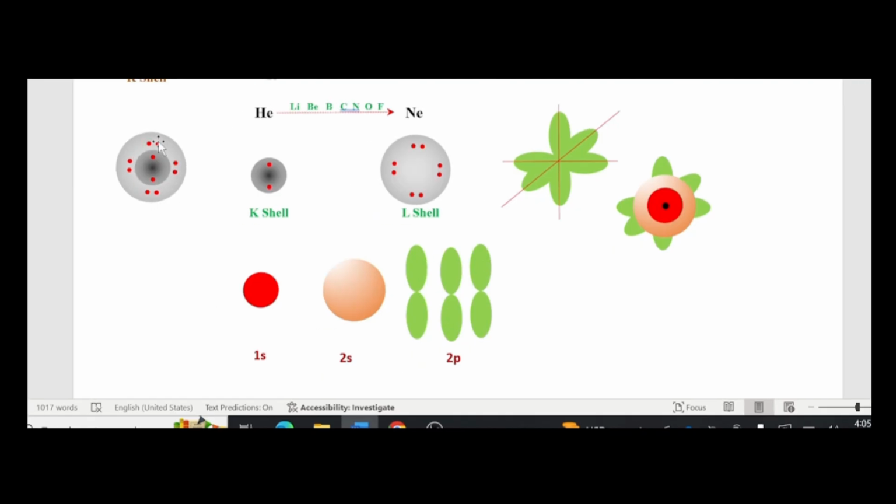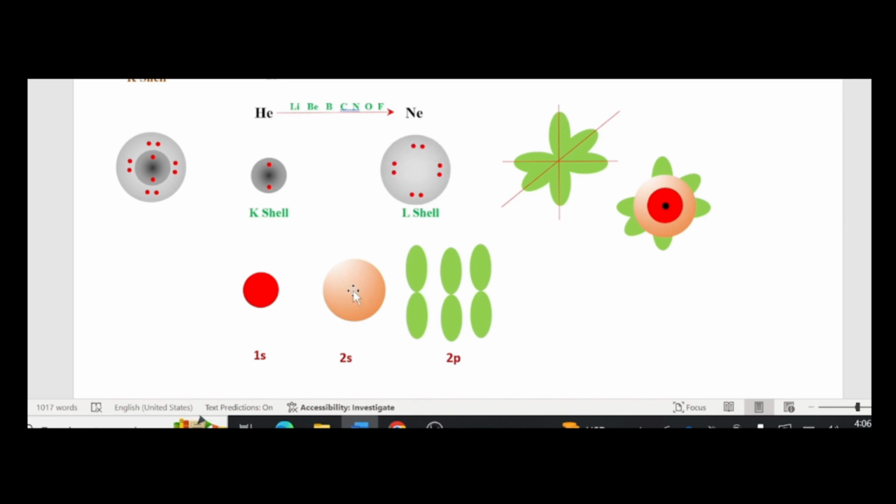Electrons here are slightly different from each other. 6 electrons will have energies that are higher than 2 of them. So the theory is that, look, we are having another subshell here that is spherical, but it is bigger than the subshell here in the first shell. So in the second shell, we are having 2 types of orbitals.